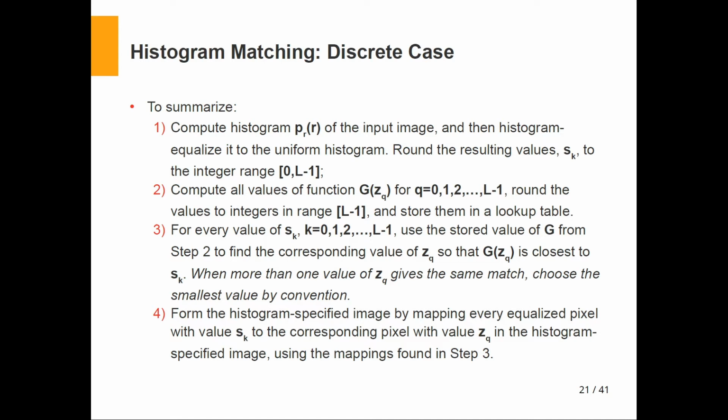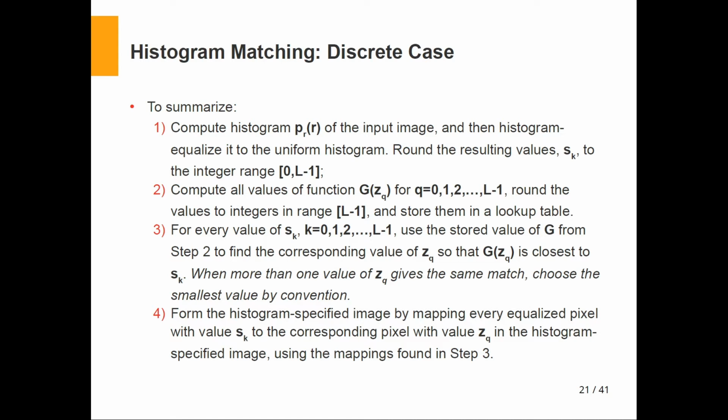Again, we round the resulting values to the integer values within the range. Then we compute all values of function G of zq. Basically, we histogram equalize the output histogram and round the values to integers in the range 0 to L minus 1 and store them in a lookup table.